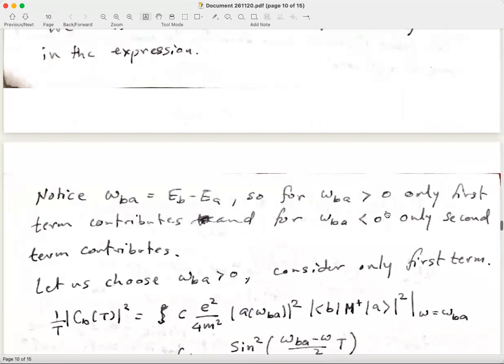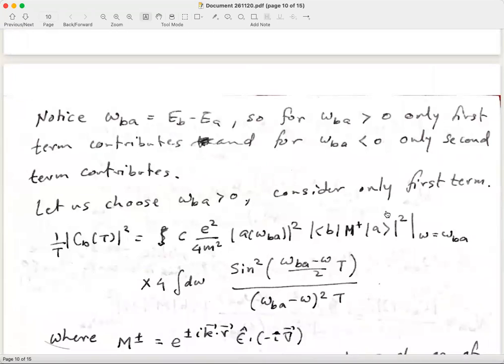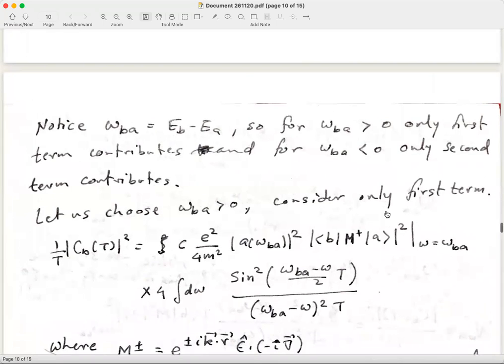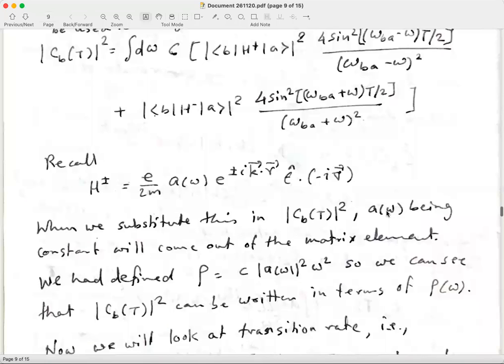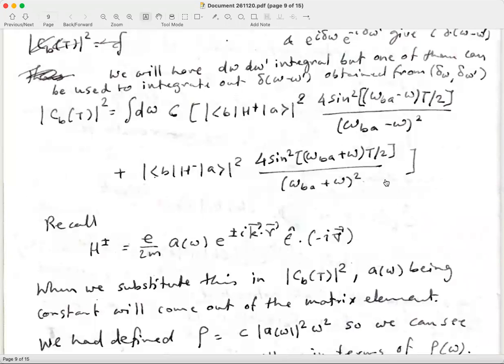Now, omega BA is just the energy difference between the two states between which the transition is happening. If omega BA is positive, let's go back to this expression again. Then the only term that would contribute is this one, because omega BA is positive and this omega is positive.